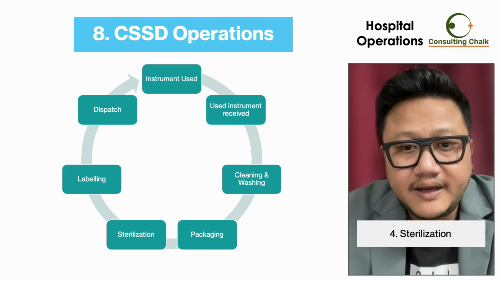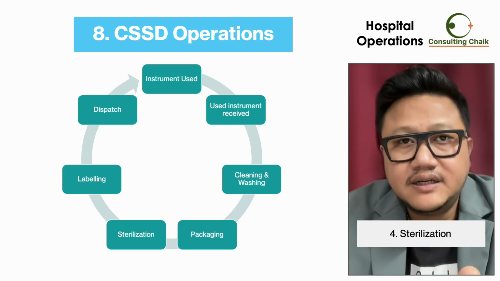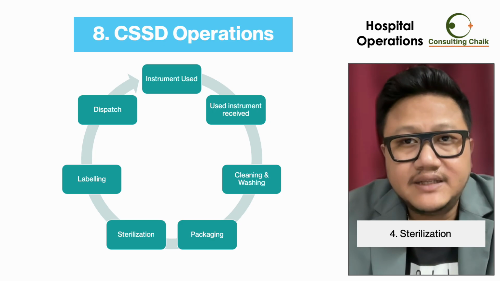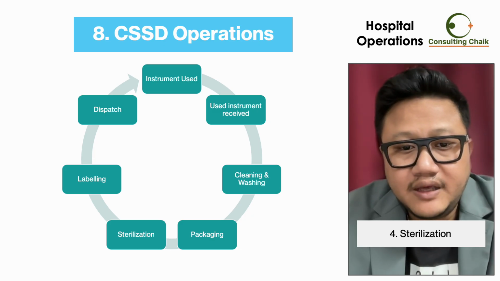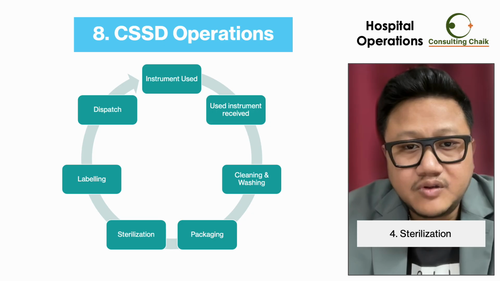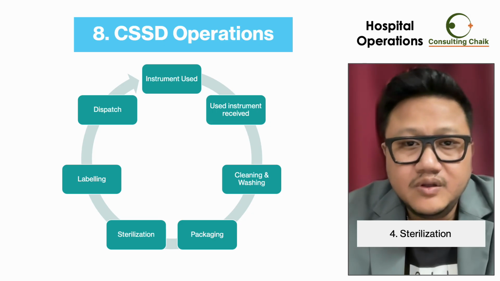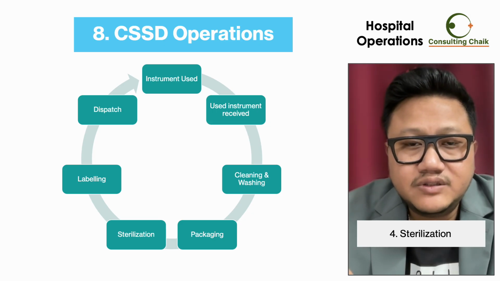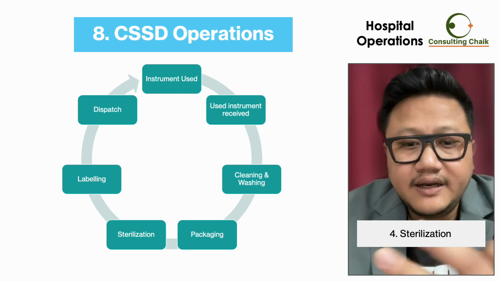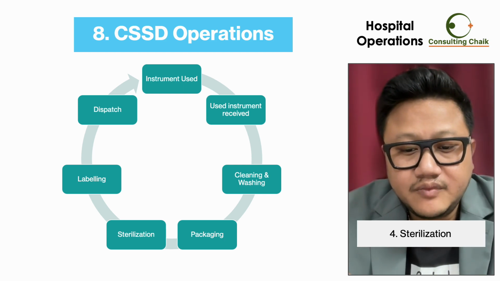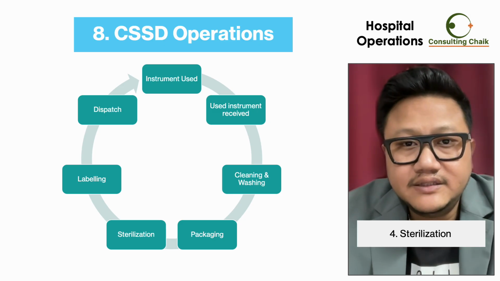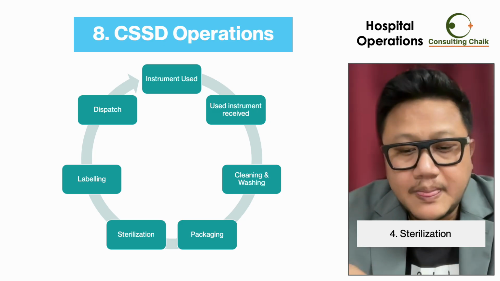In the packages, indicators are put in each batch of the autoclave, and then the sterilization process is carried out. In general, for sterilization there are 3 criteria that have to be met. One is the temperature, second is the pressure, and third is the holding time.